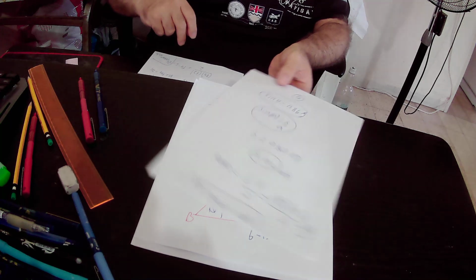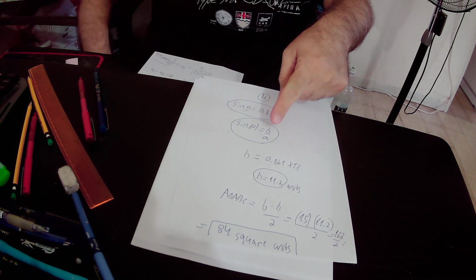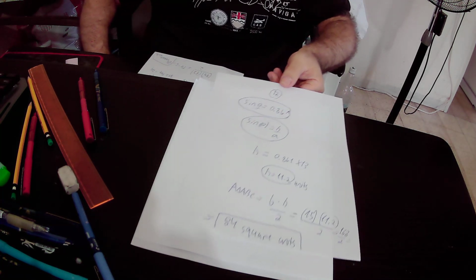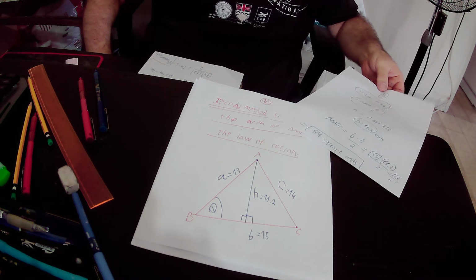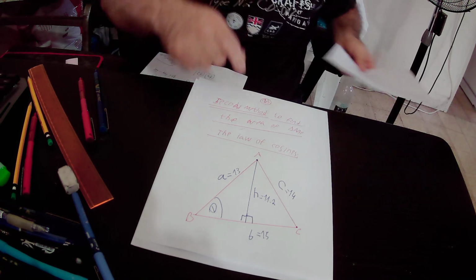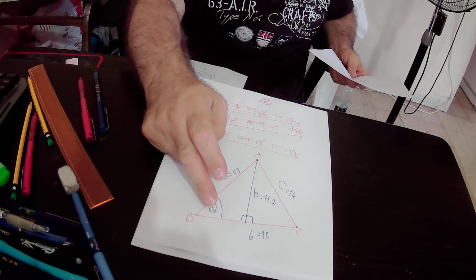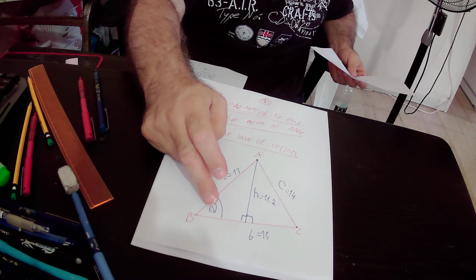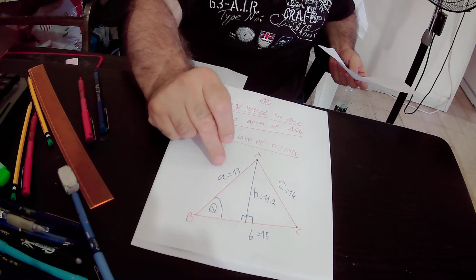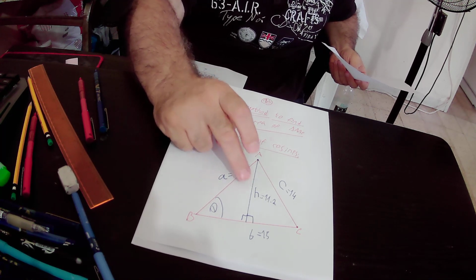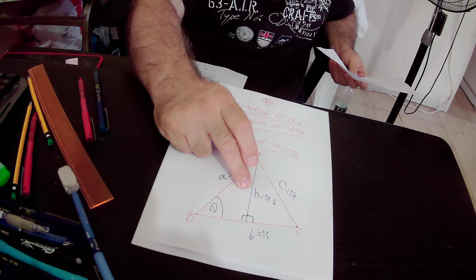So sine theta equals h over A, and the only missing variable here is the height, because we know that theta equals 59.4 degrees. We also know that A equals 13 units.